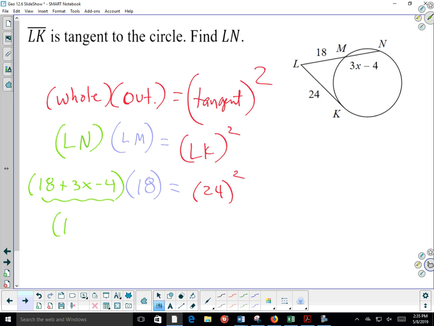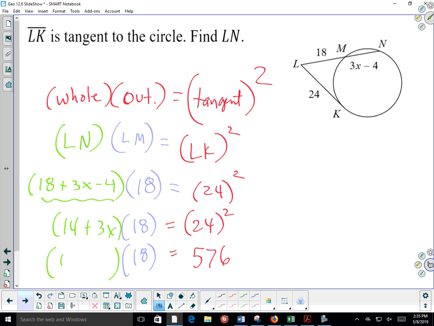So 14 plus 3x times 18 equals 24 quantity squared. So now what are we going to do? Then 24 squared is 576.